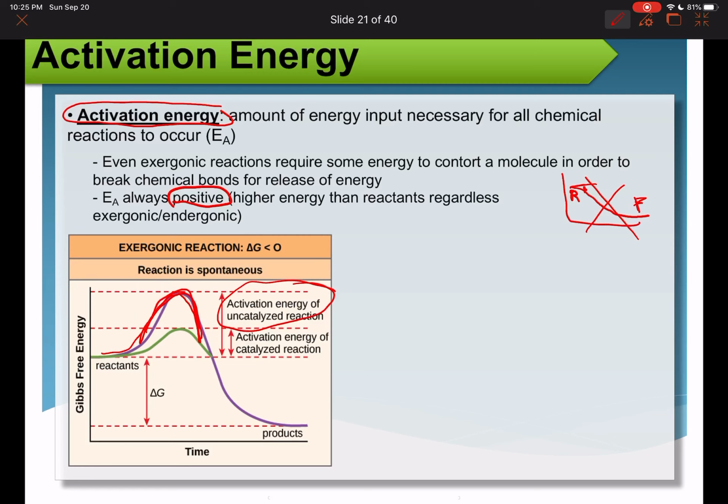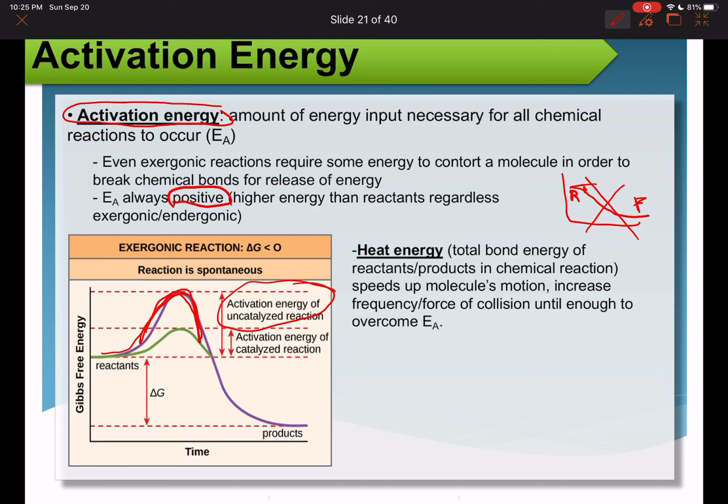Okay, so an example of that source of energy in a chemical reaction can be the heat energy that is absorbed from the surrounding environment. Heat energy, okay? So the more heat that is applied to the reactants, the faster and with more force those molecules of the reactant are moving and colliding against each other, eventually pushing that molecule over the hill and over our activation energy to reach our final product.